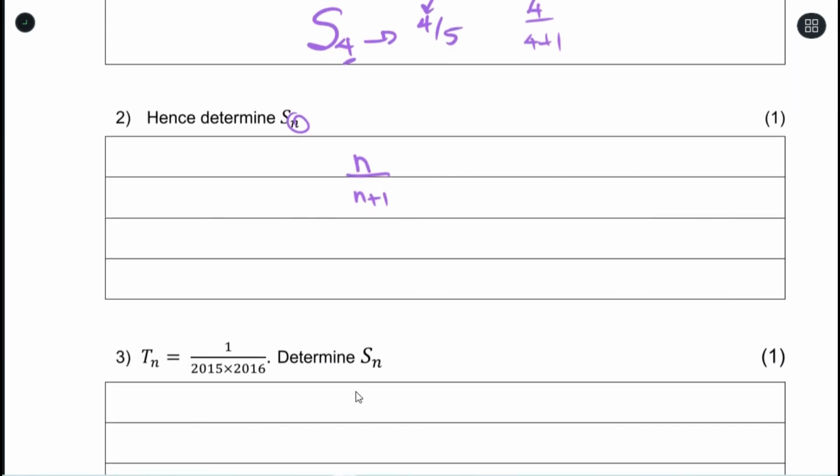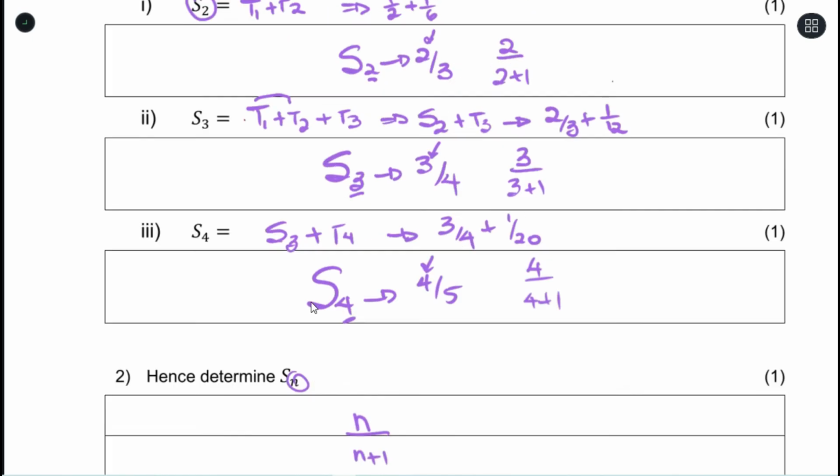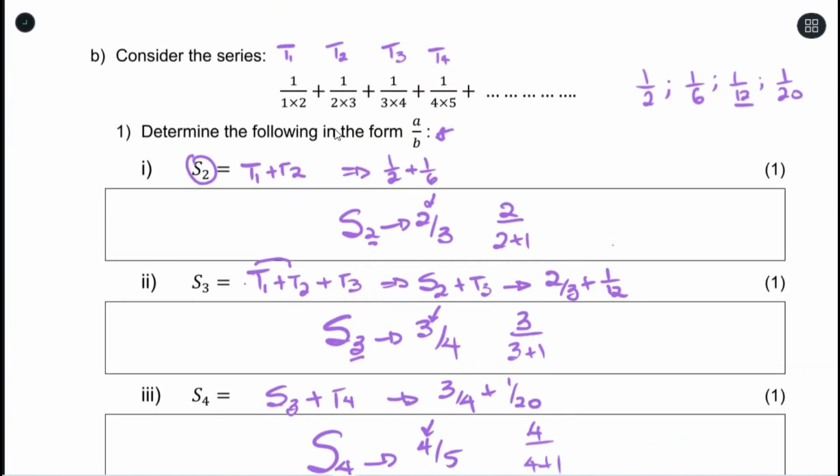And now they said Tn is 1 over 2015 times 2016, determine Sn. So if you go back to the top, you can see that for T1 we had 1 times 2, T2 is 2 times 3, T3 is 3 times 4, T4 is 4 times 5.